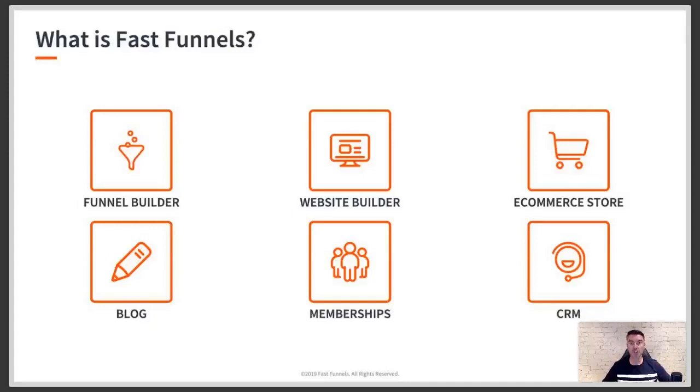And then memberships. If you're selling any kind of a course or even a free membership, it doesn't matter. You've got the capability with Fast Funnels to create a membership area, which you can then sell like a one-off course, or you can sell a monthly recurring membership. But we'll go more into that as we go through the presentation.